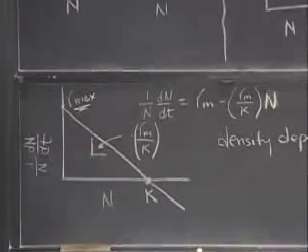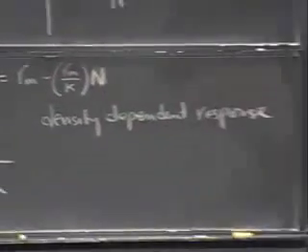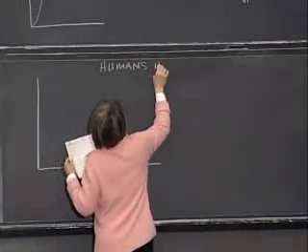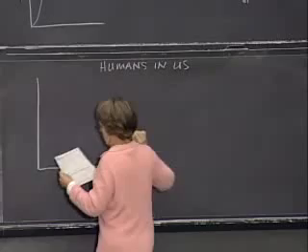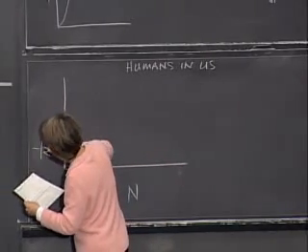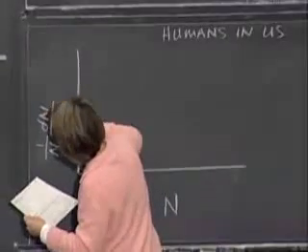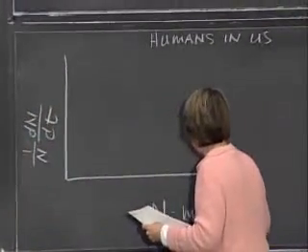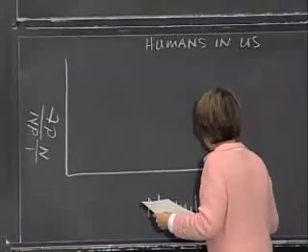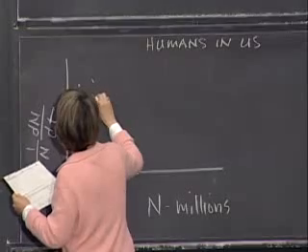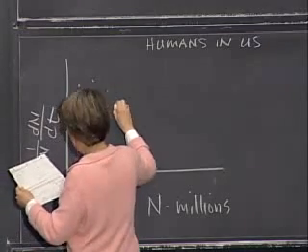And now we're looking at the human population in the US. This is 1/N dN/dt, and this is N in millions. And so they had some data points that they put on here.